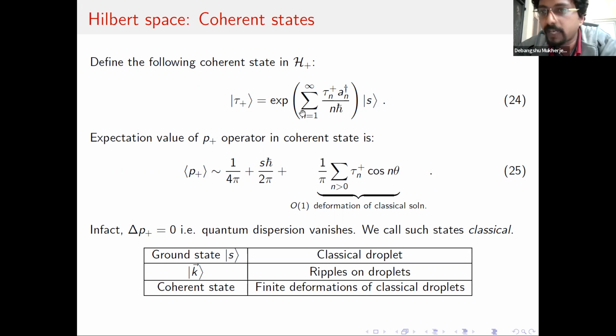There are 1 over n factors which follow from demanding that these states are normalized to unity. So those factors are there. I'm being a bit sloppy with it because I want to mostly just show the mathematical structure that I get and the physics statement that I get by doing this kind of a procedure.